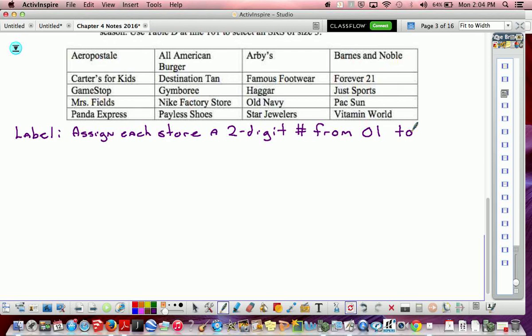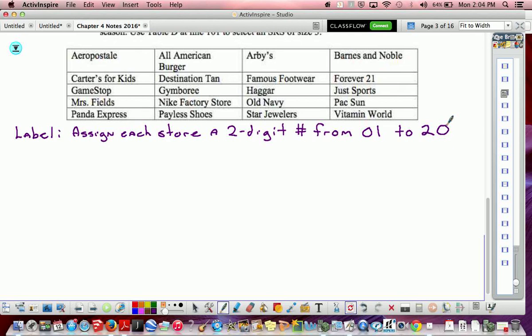Well, if I look at my list here, I have 5 by 4. 5 times 4. So from 01 to 20, now I have to decide how I am going to assign them.